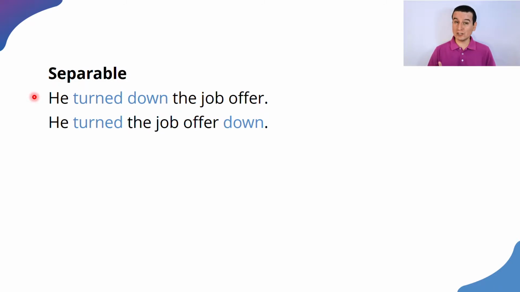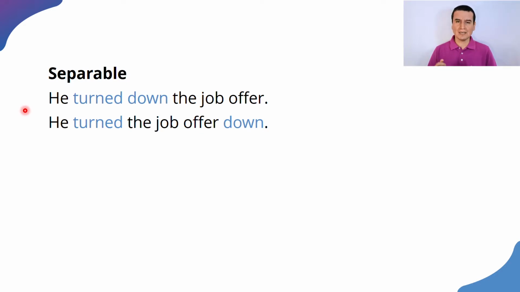We have the word turn, for example, but we have different meanings that we can add to that action of turning by adding some new elements. And in this case, we're using the word down to modify the meaning of turn in some way.